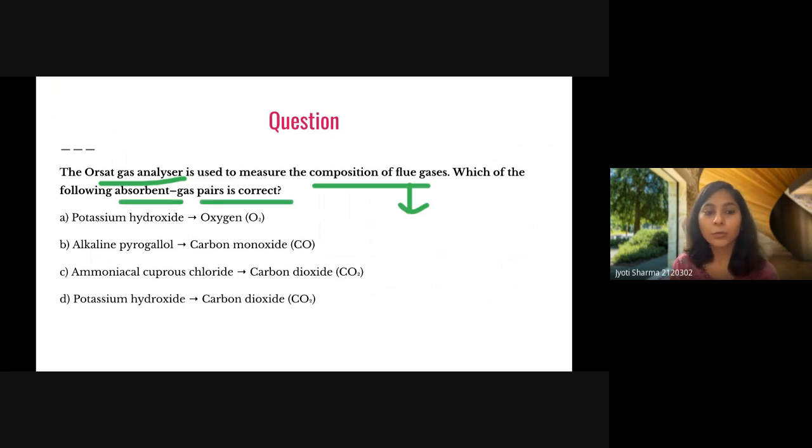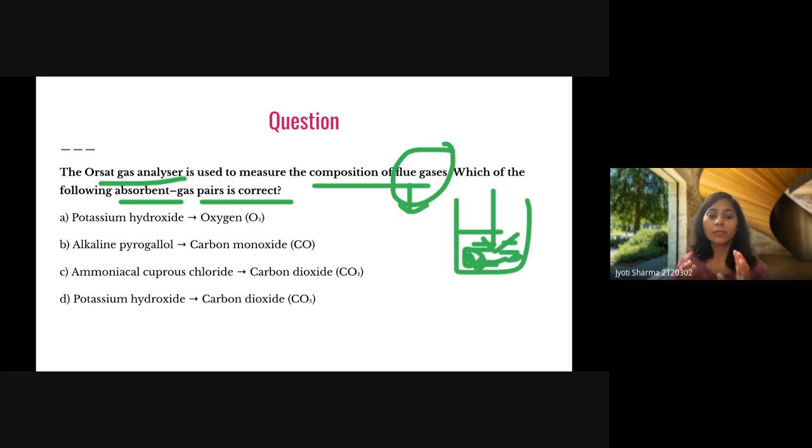As I told you, in chemical absorption mostly, we must have some liquid absorbent into which the gas will be absorbed. And if we want to measure the composition of the flue gas, then what kind of absorbent must we have? Can you tell me the correct pair of absorbent and gas?